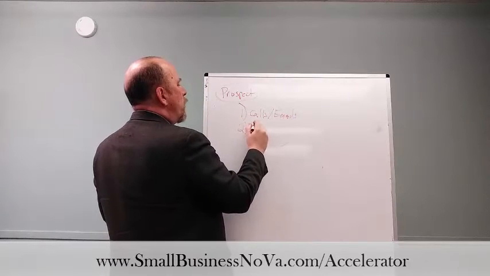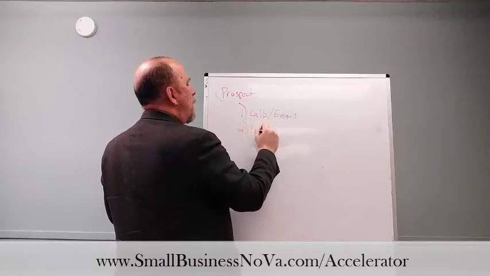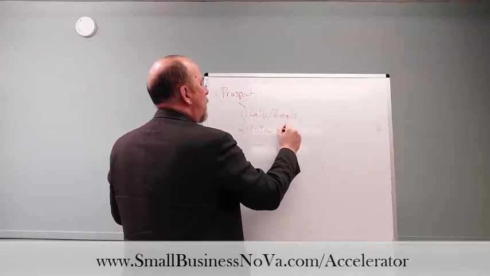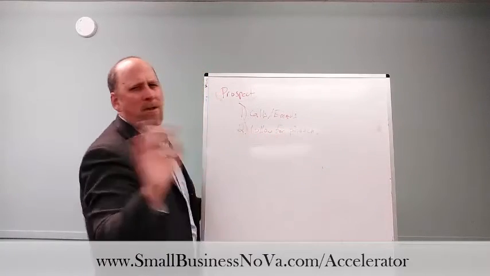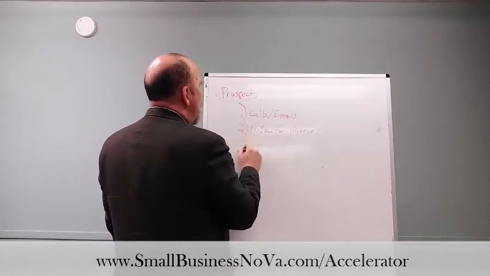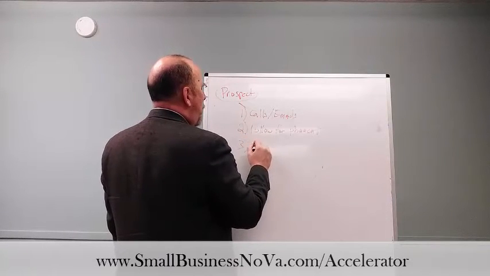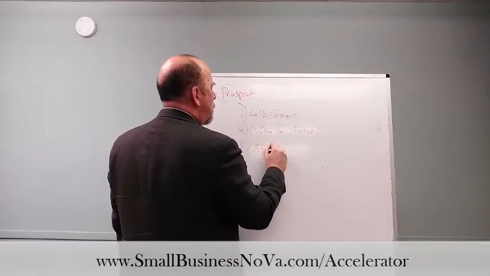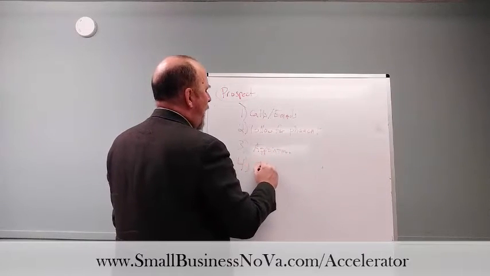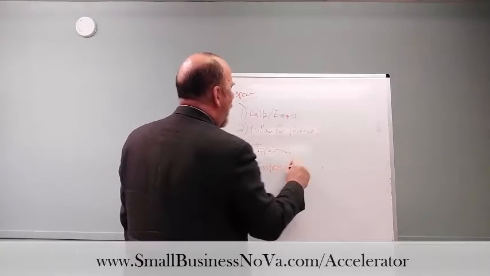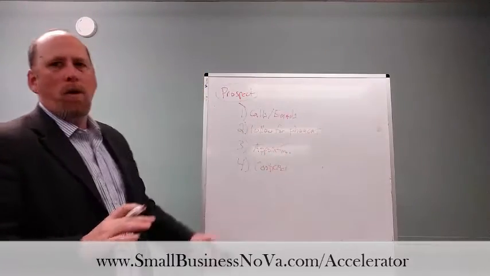Step two, you follow up for appointment, or let's say follow up for phone call. And then depending on your business, just modify as necessary. We'll say, in-person appointment, and then we'll say, contract of some sort. All right. That might be your process.